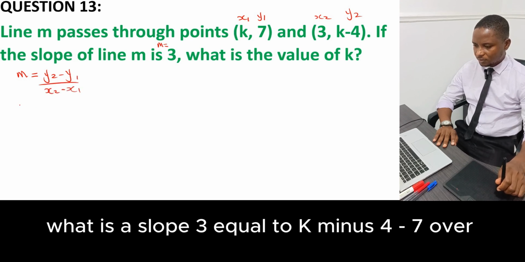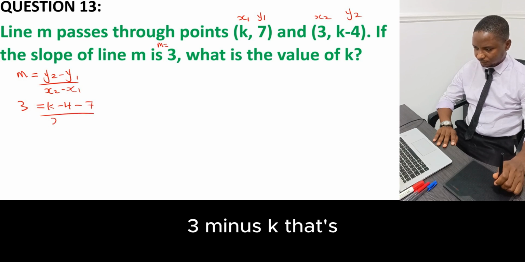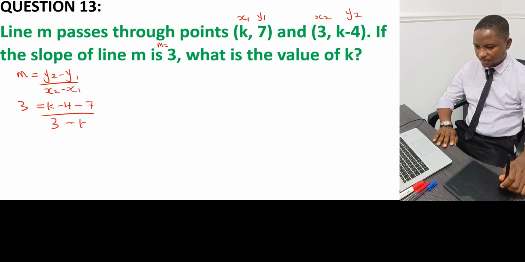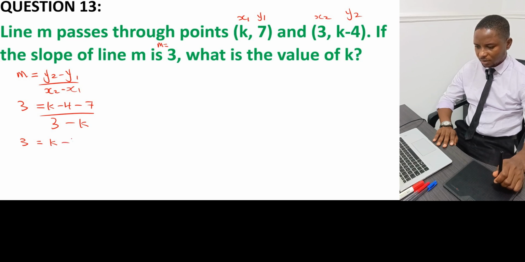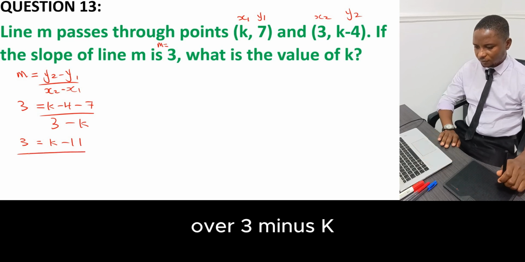What is the slope? 3 equal to k minus 4 minus 7 over x2, which is 3, minus x1, that is k. And you have 3 equal to k minus 4 minus 7, which is minus 11, over 3 minus k.